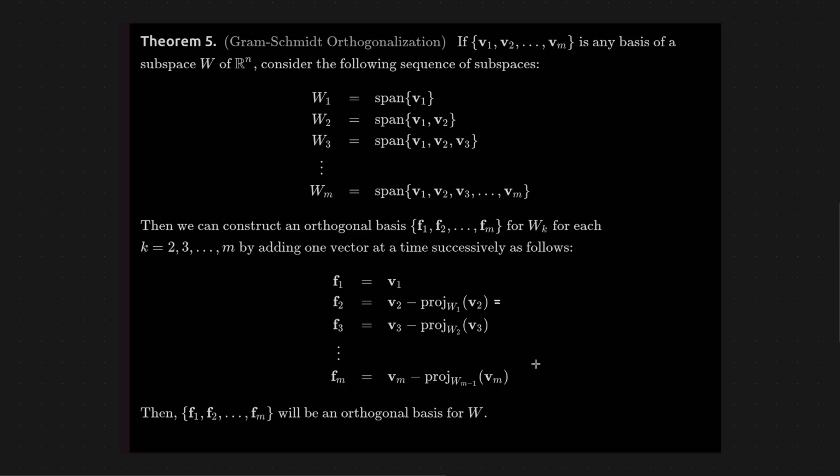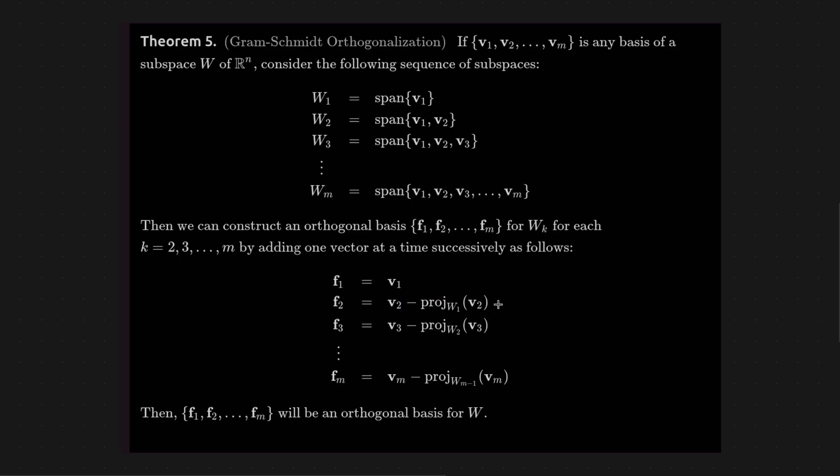The algorithm is fairly straightforward to implement. At the first step, we just take the first vector. Each step after that, we take the next vector in the set of vectors that we have, and we subtract the projection of our new vector onto the subspace formed by our old vectors.